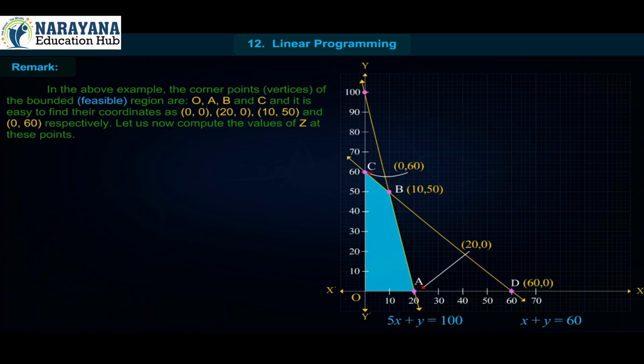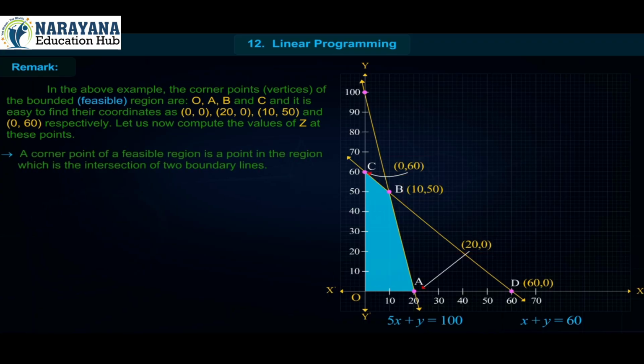In the above example, the corner points, that is, vertices of the bounded feasible region, are O, A, B and C, and it is easy to find their coordinates as (0, 0), (20, 0), (10, 50) and (0, 60) respectively. Let us now compute the value of z at these points.